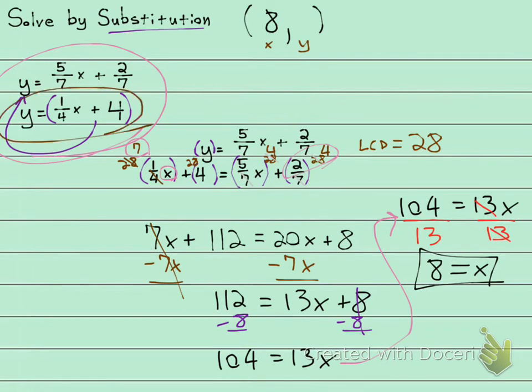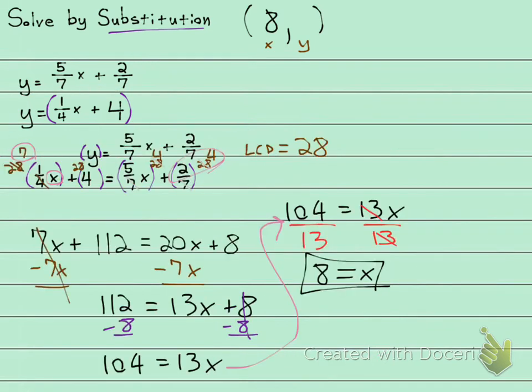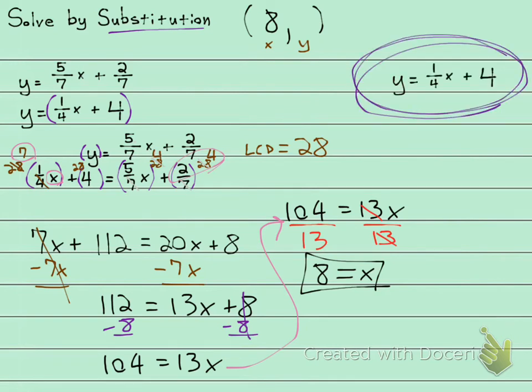Okay, let me make a little room here. All right, so I shifted everything over to the left. And now I'm going to take that second equation and put it right up here. And in the second equation, I'm going to plug in x equals 8. So I'm going to plug in 8 right here.